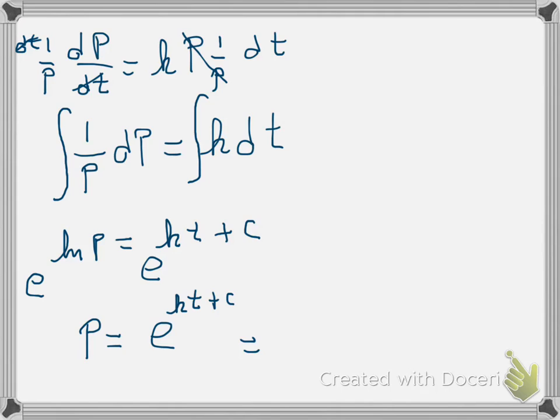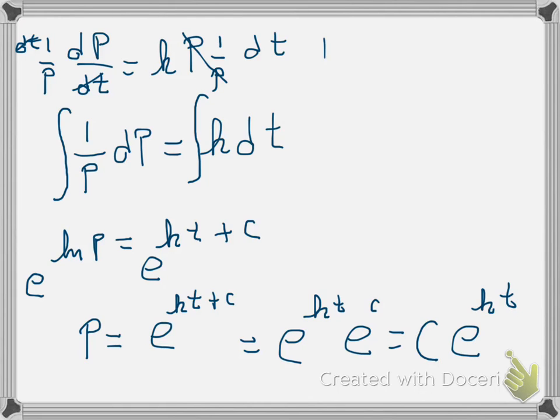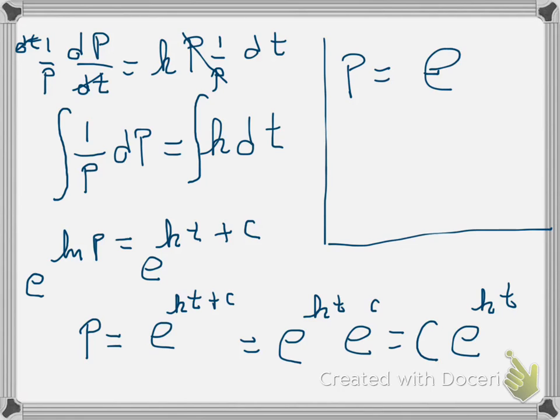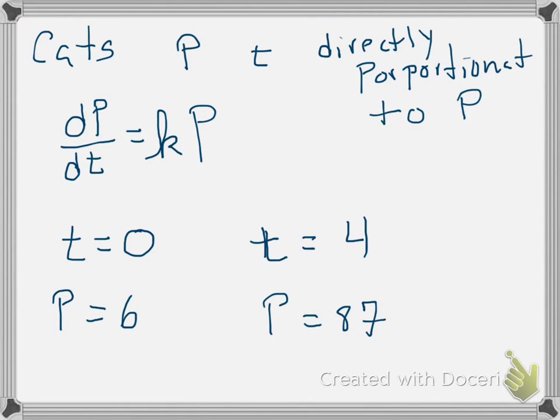But I can use the laws of exponents. That becomes e to the kt times e to the C. But e to a constant is just another constant. C e to the kt. Okay. So P is equal to e to the kt all times C. Now we can come back here and grab our initial conditions.